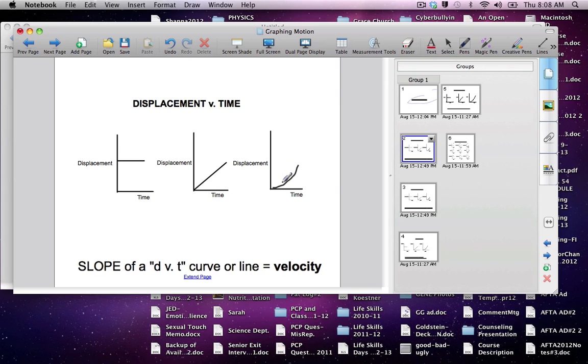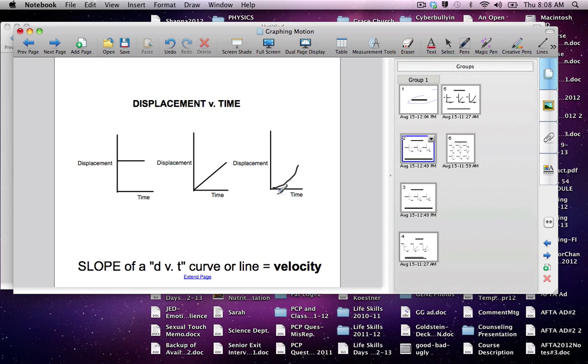We can see that along each point, the slope is getting steeper and steeper. If the change in displacement over the change in time is increasing, so is the velocity, because the slope of a d versus t curve is velocity.